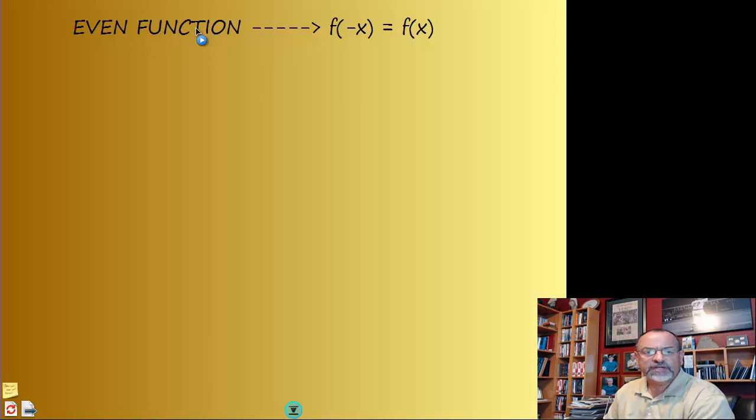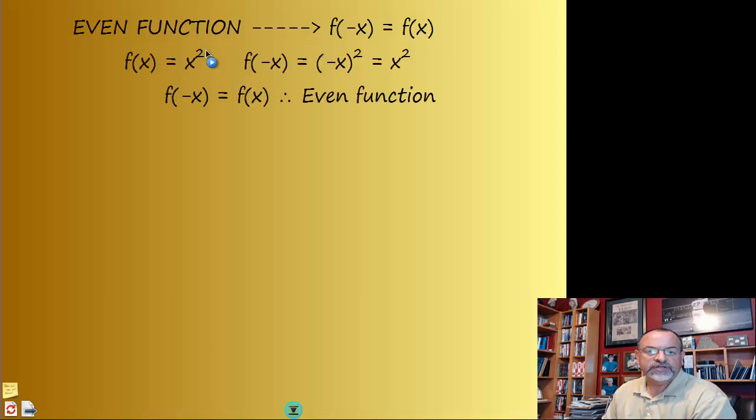An even function that we talked about before is symmetrical over the y-axis, and what happens is when I put in negative x, I get the exact same thing as I would if I put in positive x. So here's an example of what you would have to be doing in an example or a quiz or test problem. Here's the function x squared. If I put in negative x for this x, so I put in f of negative x, and remember f of negative x means simply substitute this into the expression.